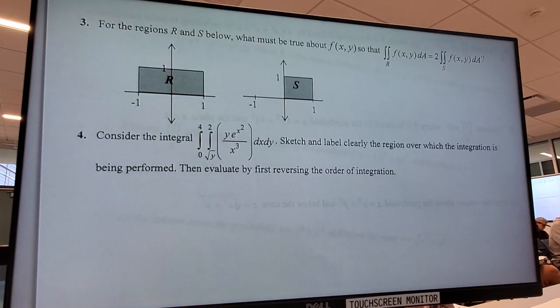But does that mean I could have this double integral of f of x,y and just say across R is twice across S? Why can I not generally do that? Because we don't know what the function could be doing here. If f of x,y was just a flat plane, I could do that, because it is symmetric across that region.